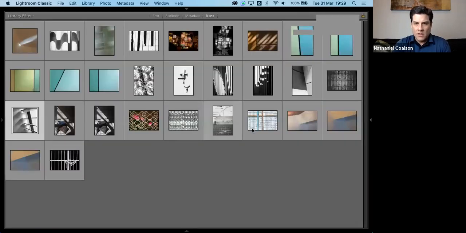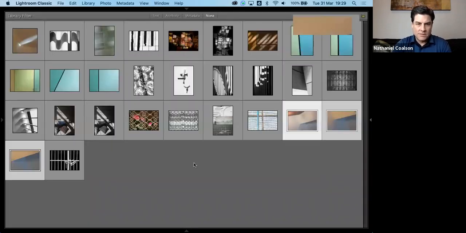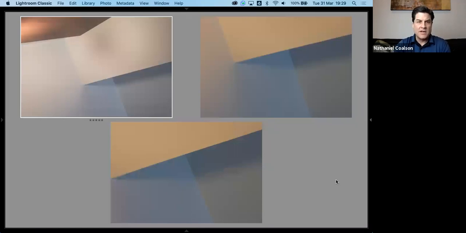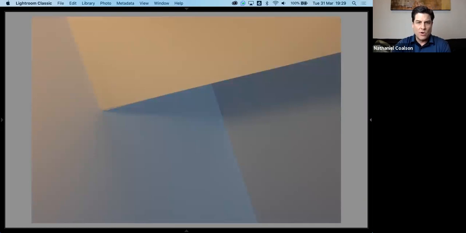So pictures are everywhere. Here's another little set of ceiling pictures. You can tell I really love my ceilings. This is the first one in the series, and I really liked the shapes and the graphic elements and the soft pastel hues, but getting it a little bit more minimal and seeing the way that the light interacts.